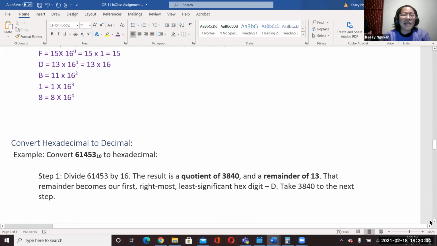We're going from decimal to hexadecimal. You take that decimal and keep dividing by 16 until you cannot divide anymore, until you get to 0. Every time you get an output, you have a quotient, and if you have a remainder, that remainder is of importance. We cannot ignore the remainder.